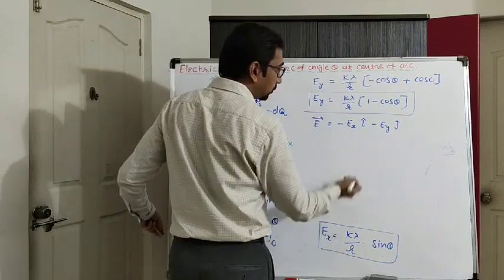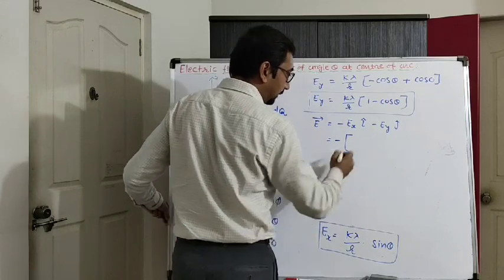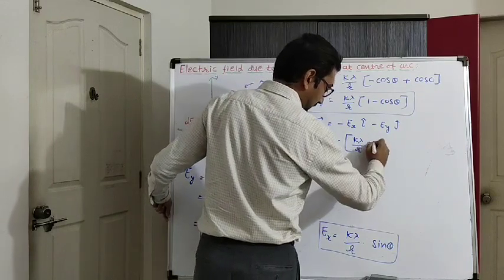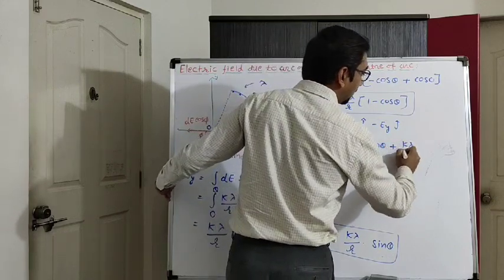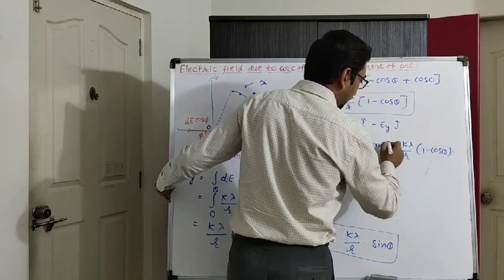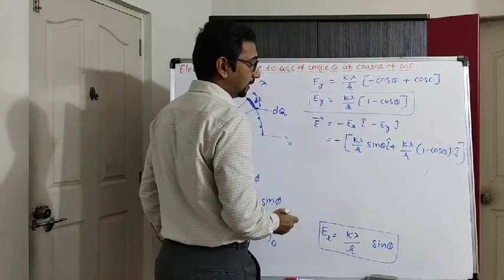So if we put these two values here, then minus in bracket k lambda upon r sin theta plus k lambda upon r (1 minus cos theta). Here is the i caret component, and this will have the j caret component.